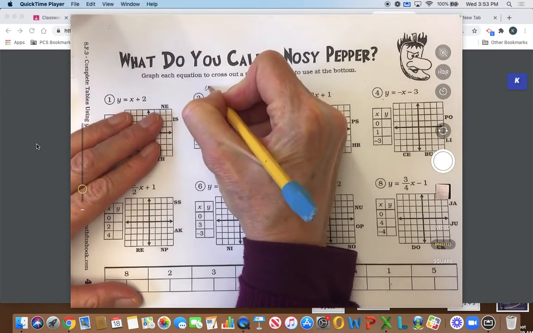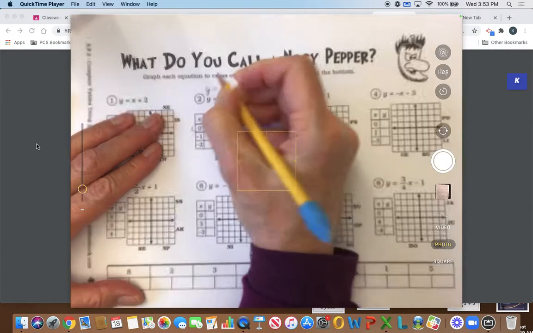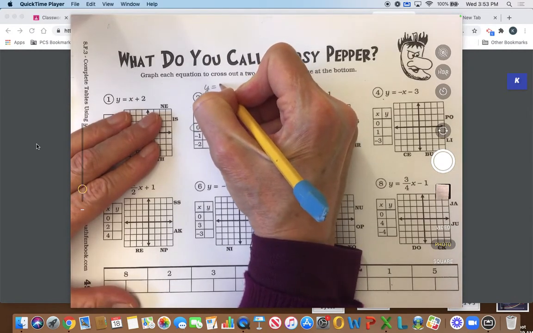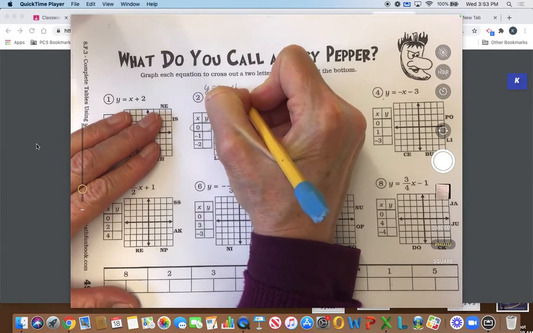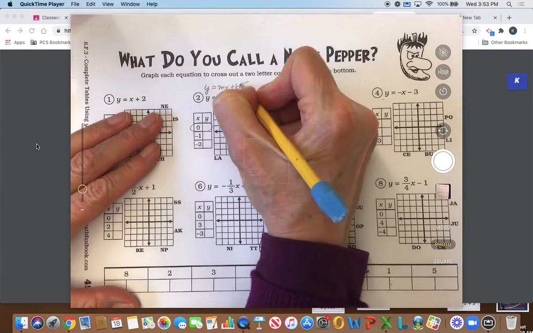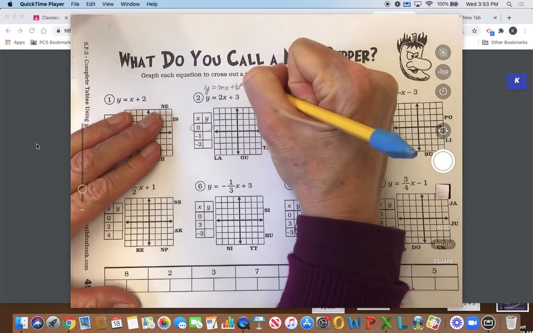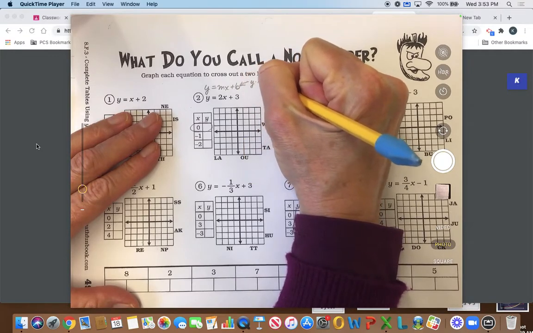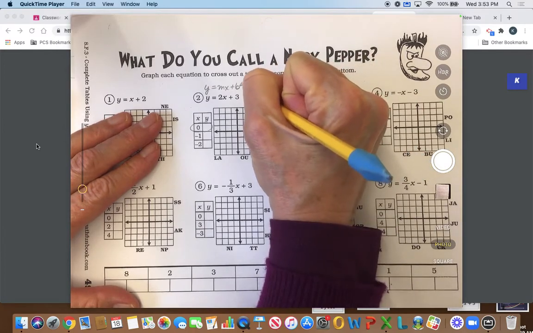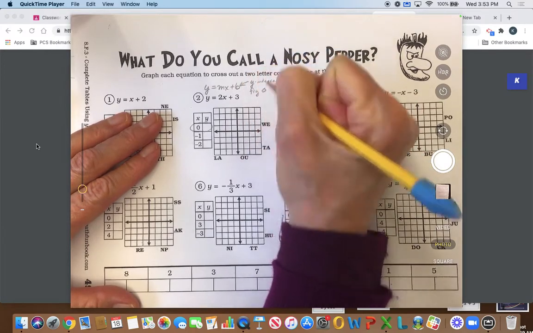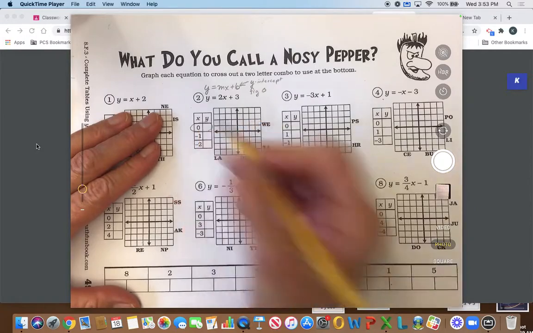If we write out our slope-intercept form, y equals mx plus b, we know that b is our y-intercept, or we know that it is also figure 0, or where x is 0.